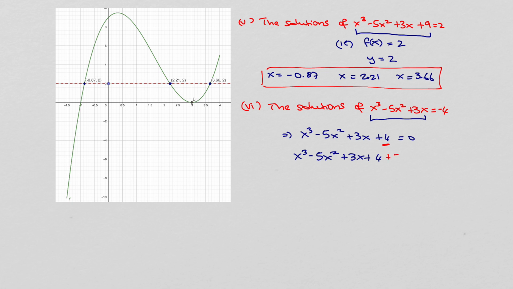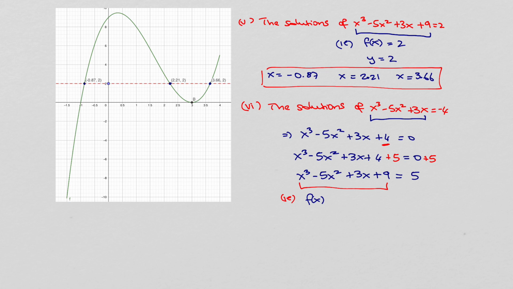So I need to do the same to both sides. So if I add 5 to the left, I must add 5 to the right. So now I've done the same to both sides. I haven't changed the value of my function. So that gives me x cubed minus 5x squared plus 3x plus 9 equals 5. And now I can see, well, that's f of x. So this now has become the same as the previous example.